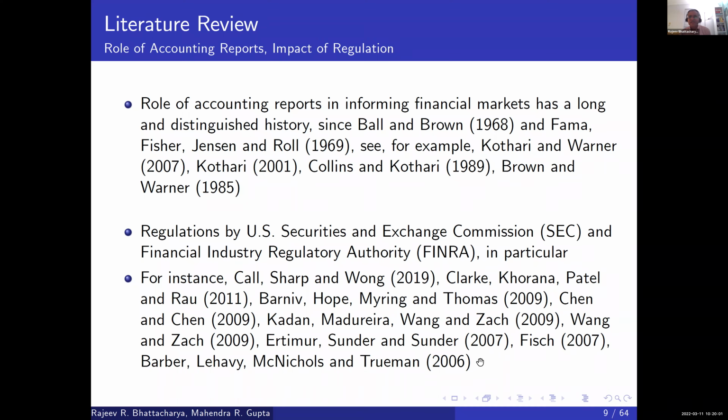We are going to, toward the end of this paper, talk about the regulations by the US SEC and FINRA and what the impacts of those are on all these measures that we are talking about. And once again, there is literature in this, including Call, Sharp, and Wong, and it goes back quite a while.